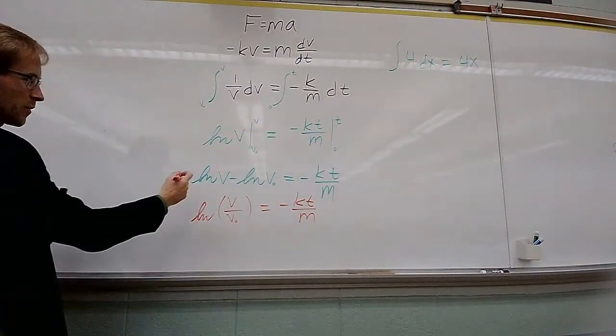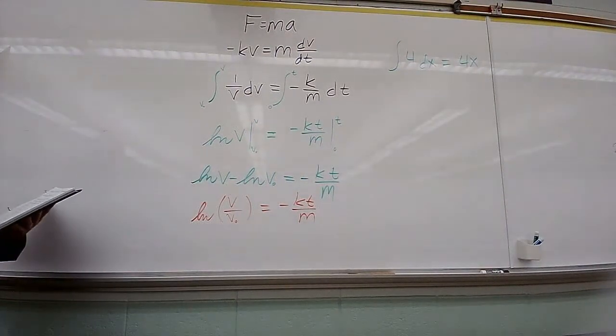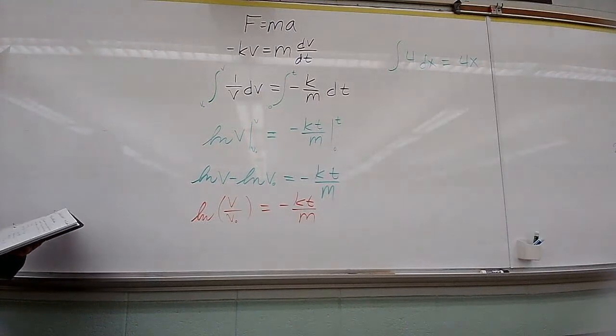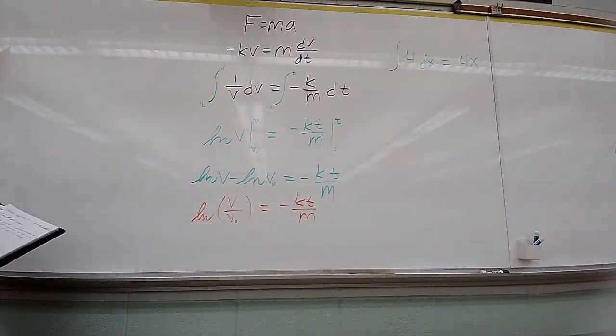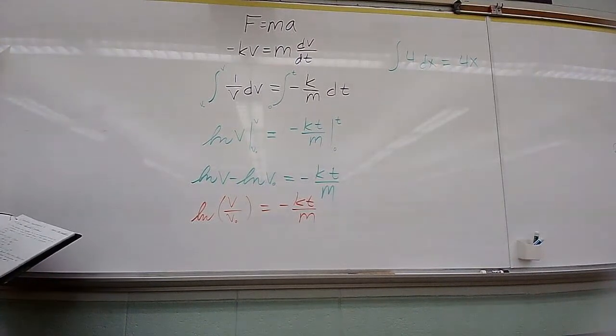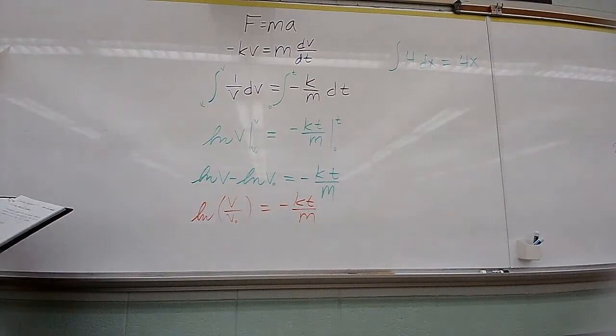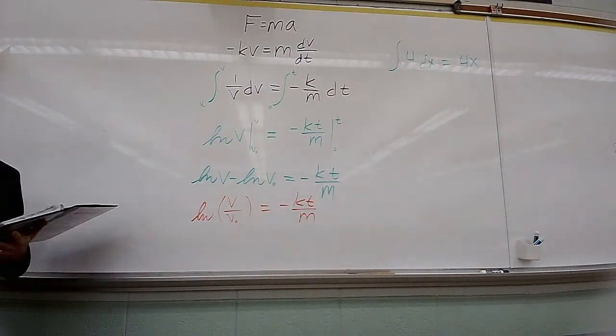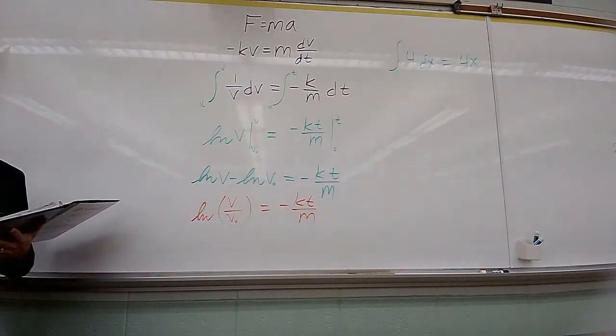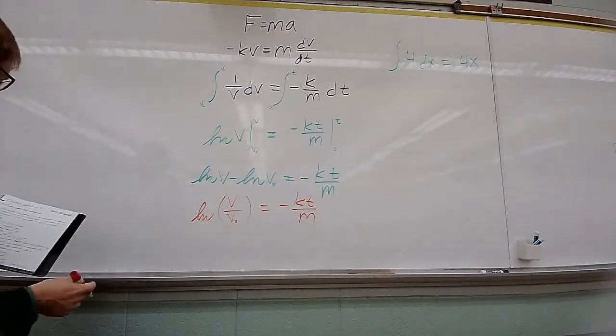Does that look familiar at all? That's not bad. So now, just a little bit more math to finish this off. In order to get rid of this natural log, anybody know what we got to do? E to the. Very good.